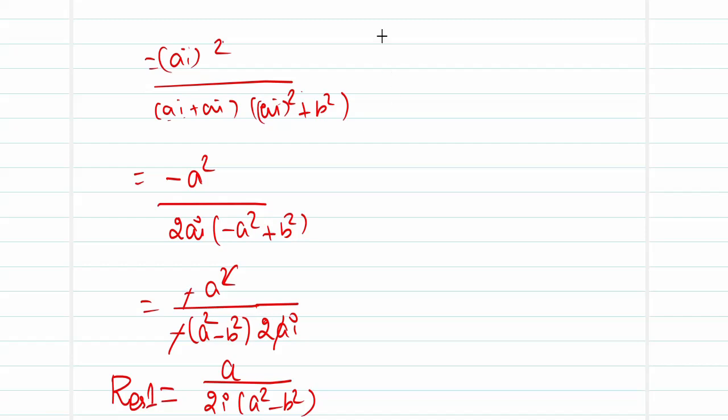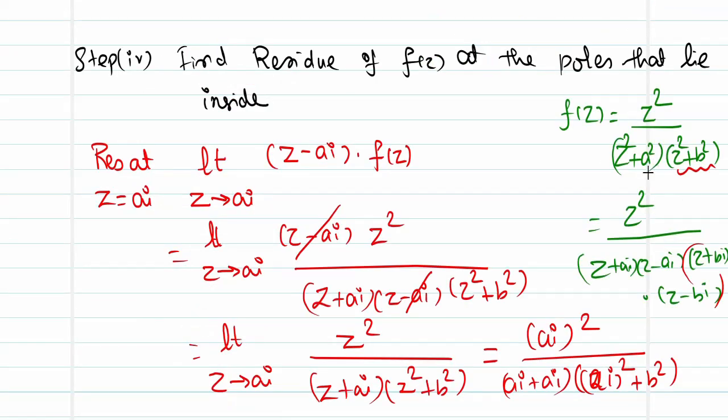So let me find out the second residue, which is going to be residue at the point z is equal to bi. So it is limit z tending to bi, (z minus bi) into f of z. Now here we replaced z square plus a square as the product and kept this as such.